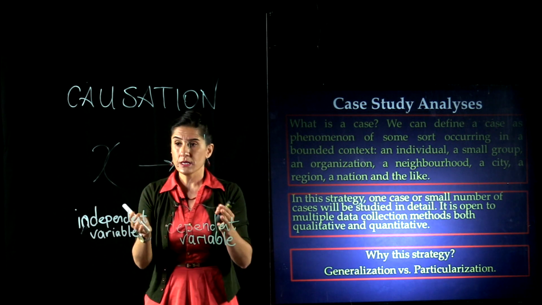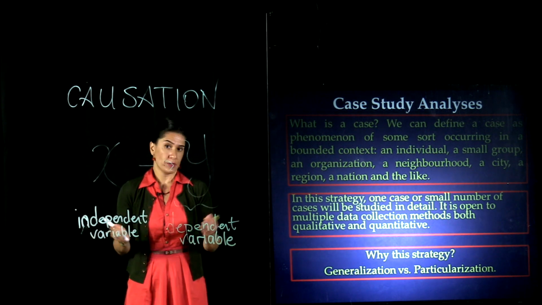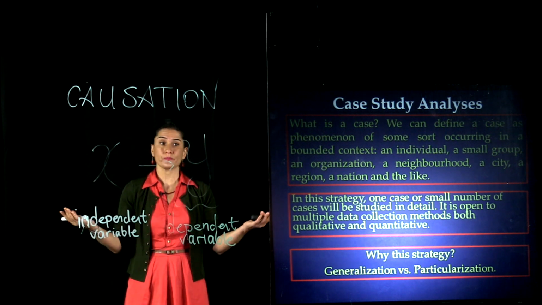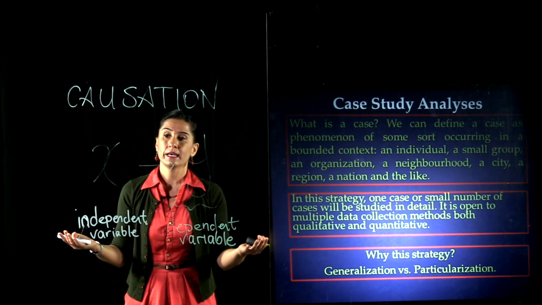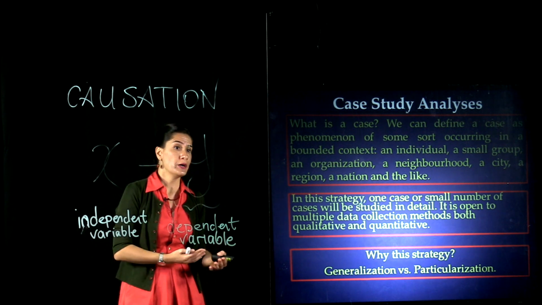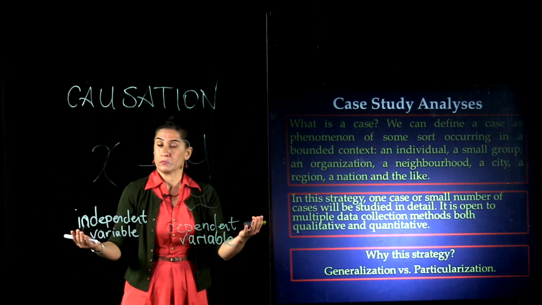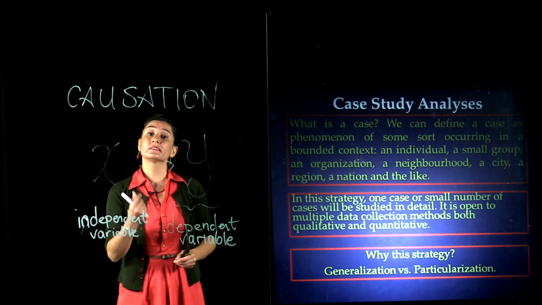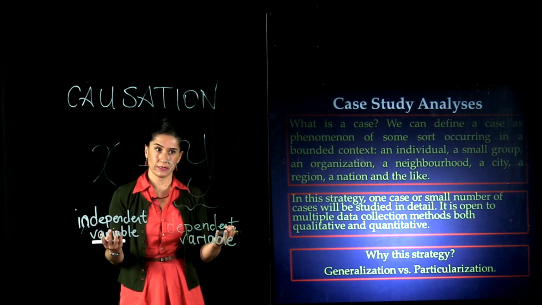So it could be Turkey, a country case study in a study on immigration. Ankara would be a case study in a study on housing finance. A neighborhood, Batıkent, may be studied for its social culture, for its neighborhood relations, right?